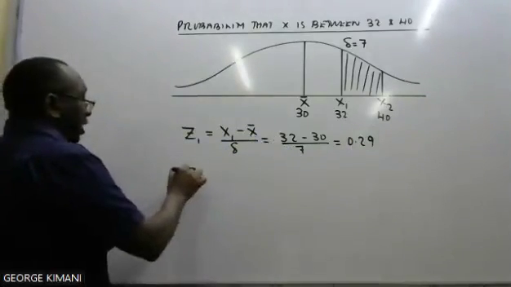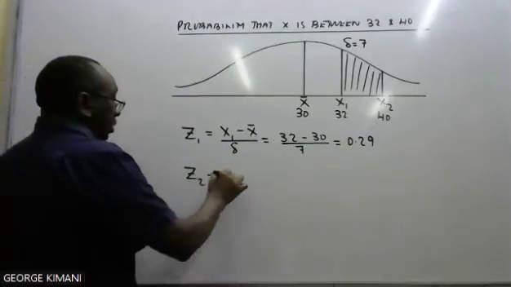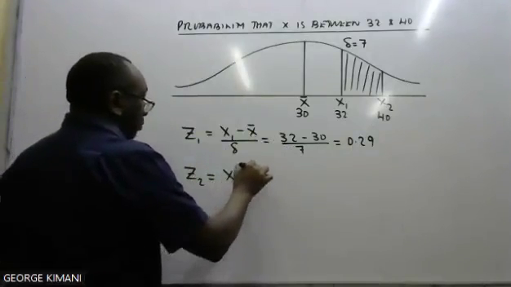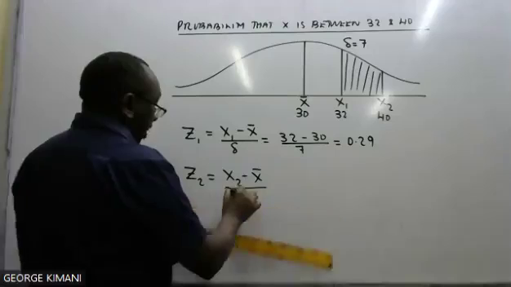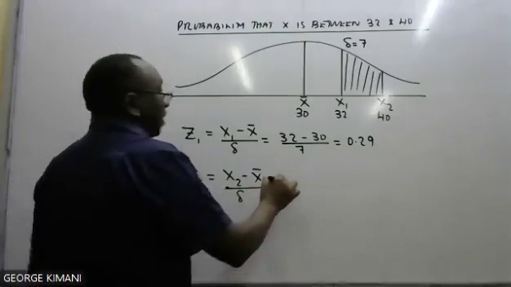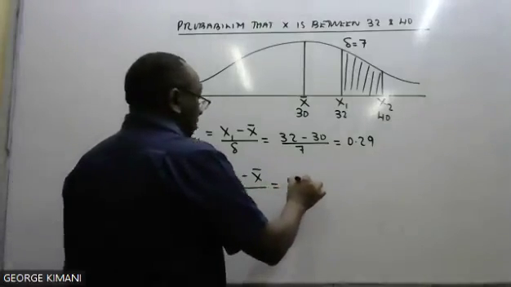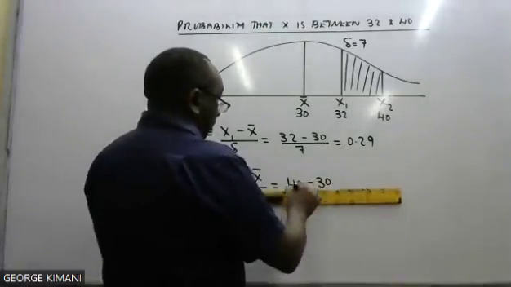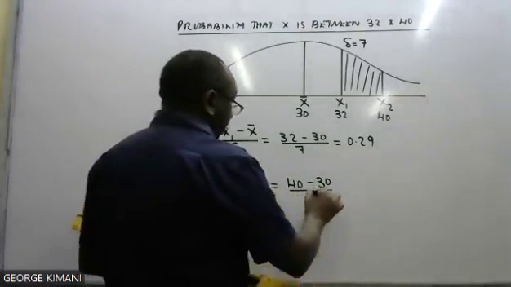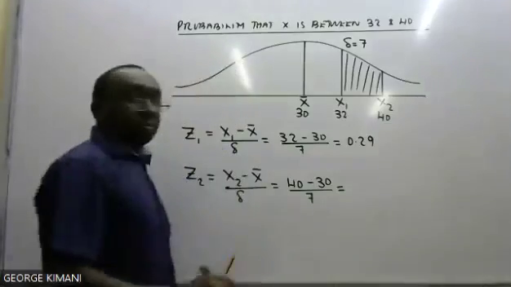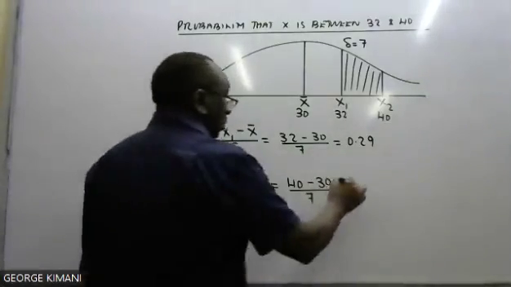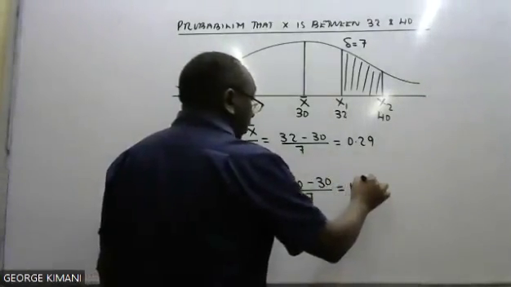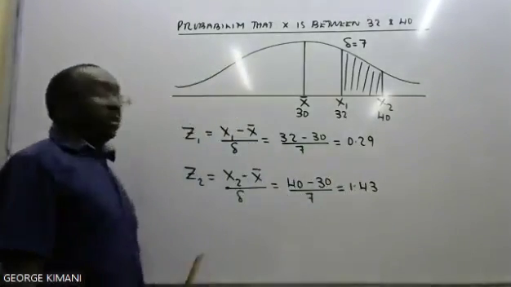Okay, then we get Z2. X2 minus x bar, you divide by standard deviation. This will be 40 minus 30, you divide by 7. 1.43. Okay.